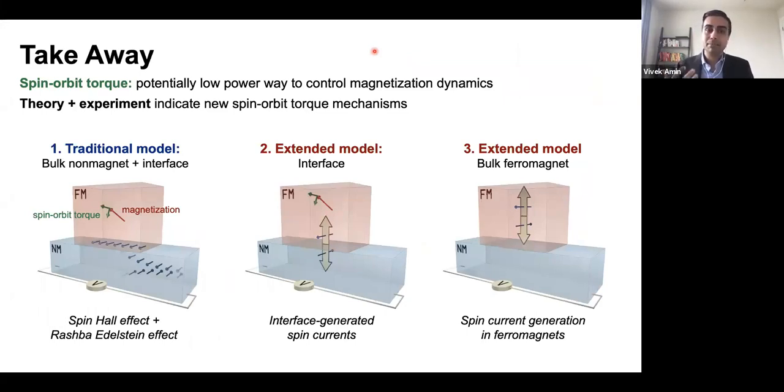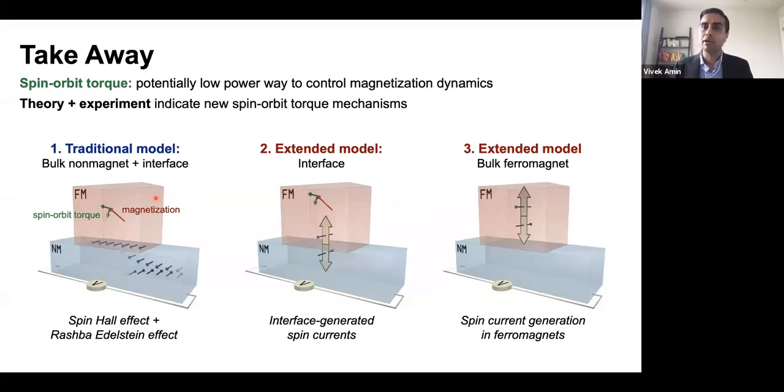Spin-orbit torque is a potentially low-power way to electrically control magnetization dynamics. The typical scheme in which you consider spin-orbit torque is in a heterostructure like this, where you have a non-magnetic layer and a ferromagnetic layer on top of the non-magnetic layer. If you run an electrical current parallel to the interface plane, you can control the magnetization dynamics of the ferromagnetic layer even though you're not running that much current through the ferromagnetic layer itself.